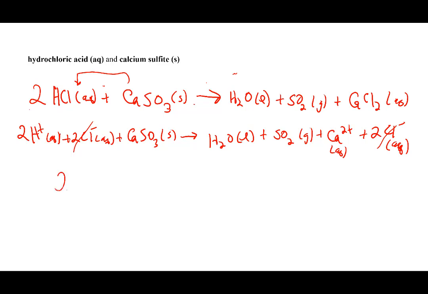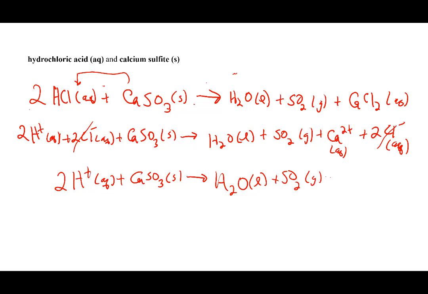So our net ionic equation is 2H plus aqueous plus calcium sulfite solid goes to make water, liquid, plus SO2 gas plus calcium 2 plus. And so this is another example where you could have used any strong acid and the net ionic equation would have been the same.